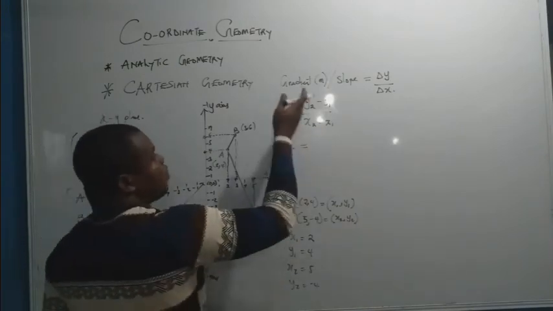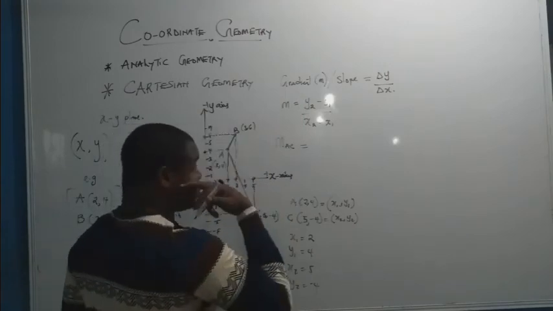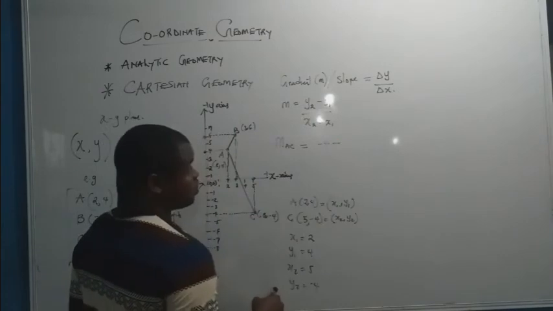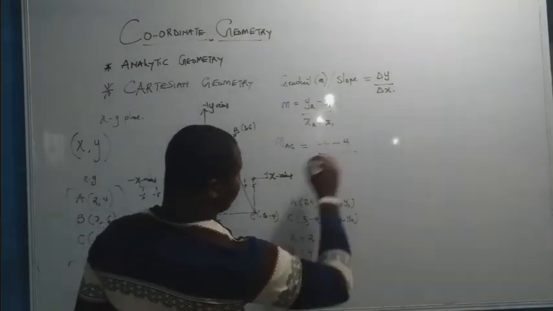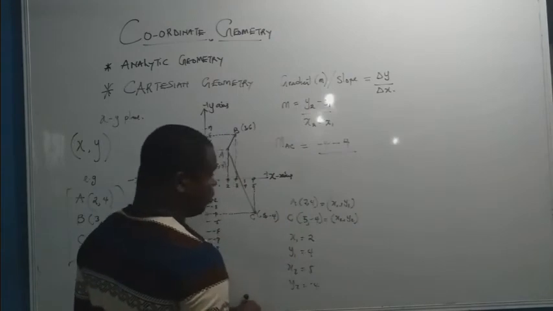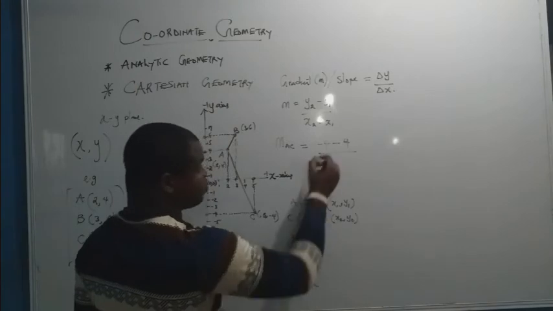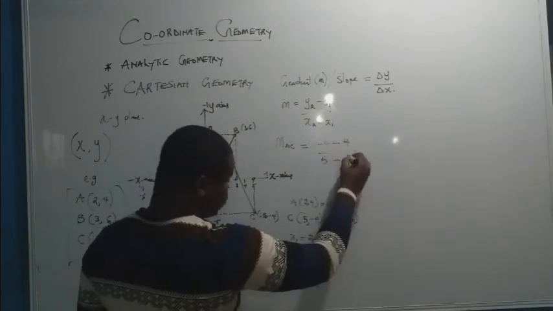So from the formula, we have y2 minus y1 over x2 minus x1. So what is your y2? Your y2 is minus 4, okay, minus. So what is your y1? Your y1 is 4, okay, over, so what is your x1? Your x2 is 5. And what's your x1? Your x1 is 2.